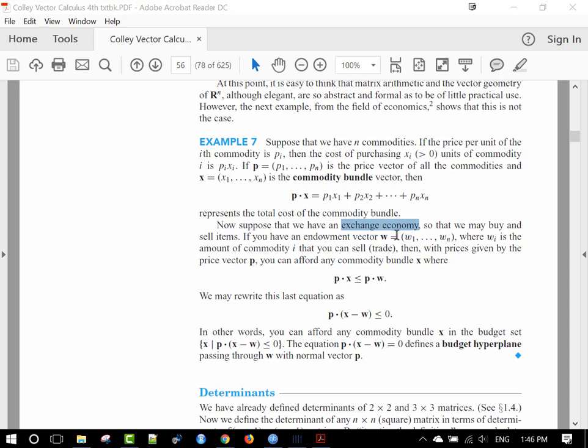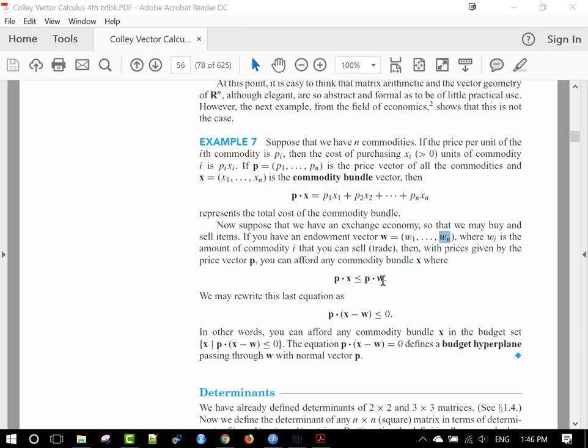some kind of limit on how much you can buy for each item. And this represents the limit on the amount of the first commodity that you can purchase, and this represents the limit on the amount of the nth commodity that you can purchase or that you can sell.